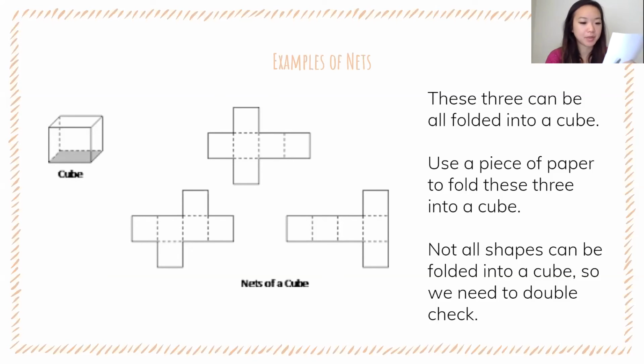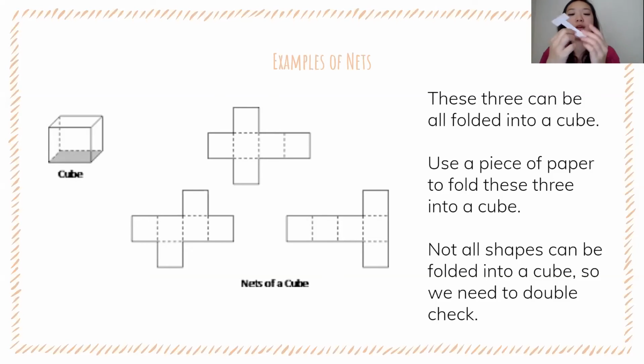So let's find out about the last one. So I just have to cut that out really quickly. All right, so this one is a little uneven, but it's okay. So I have that cut out.